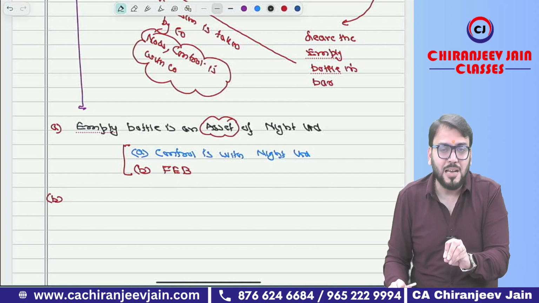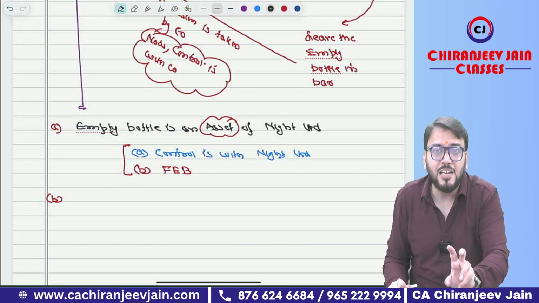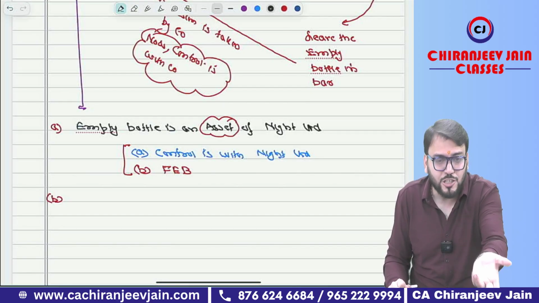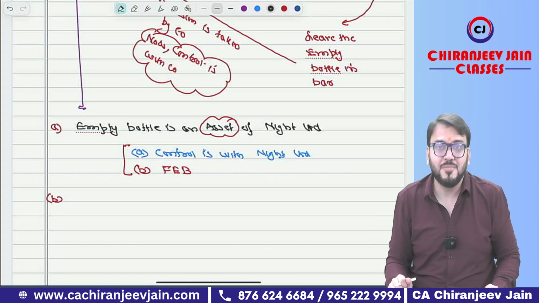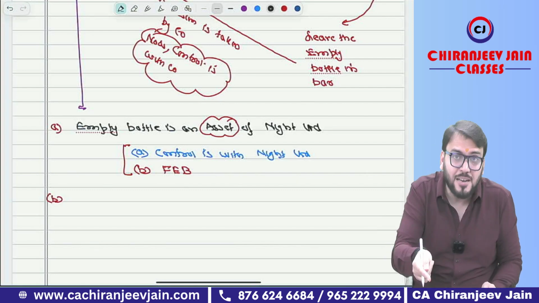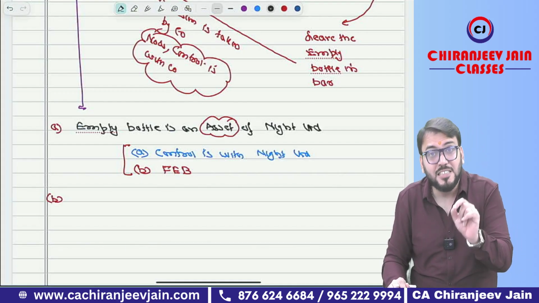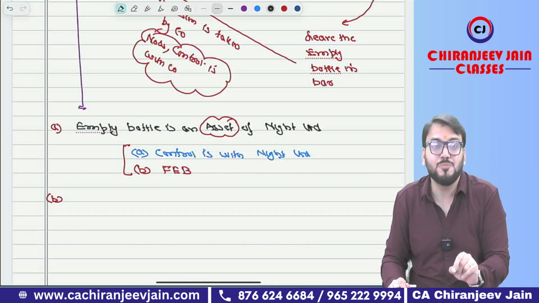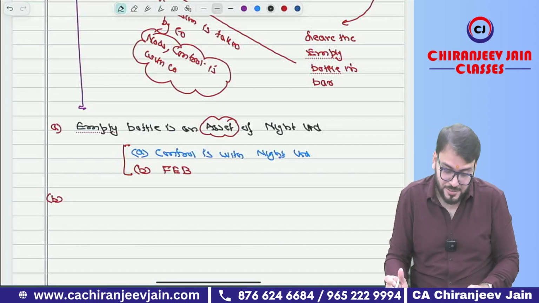Every time customers come, they leave the empty bottle, the company takes possession and calls the tender, and that is held for sale in the ordinary course of business. It means this is related to business only. Why did it happen? Because they are selling beer. Now they have possession of empty bottles. So it is held for sale in the ordinary course of business. You can't say it is not related to business. It is related to business. So just write down.